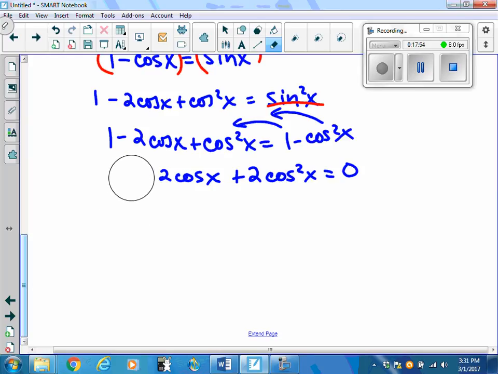Let's back it up just a second. When I bring the 1 over, it's going to end up being 1 minus 1, which eliminates the 1. Now I've got 2 cosine x plus 2 cosine squared x equals 0.